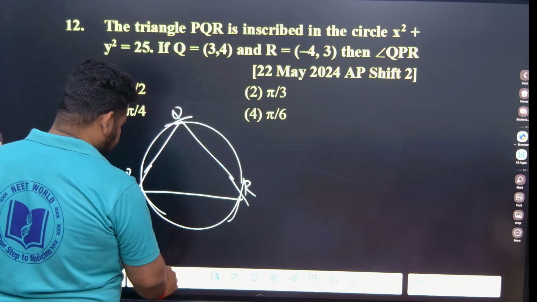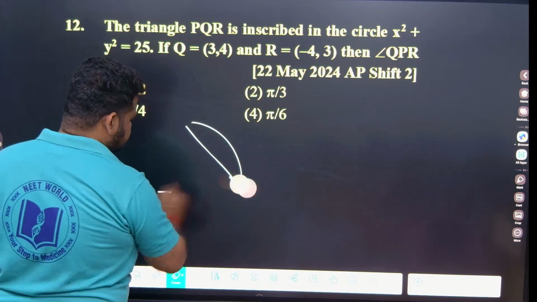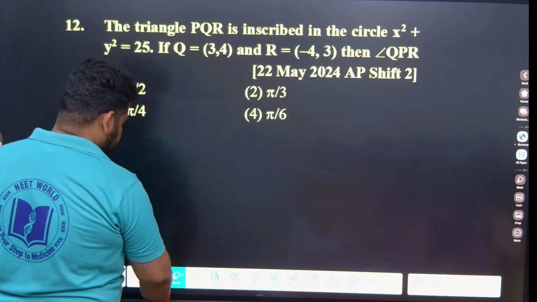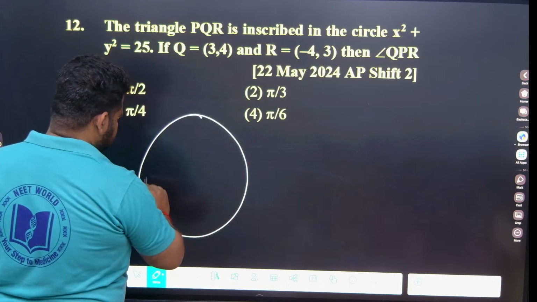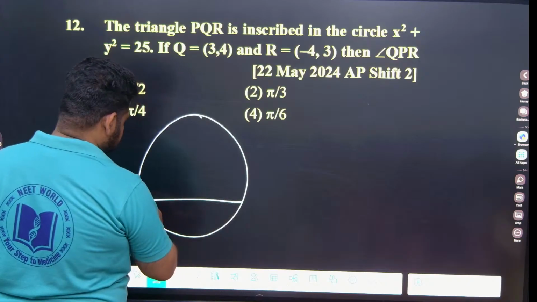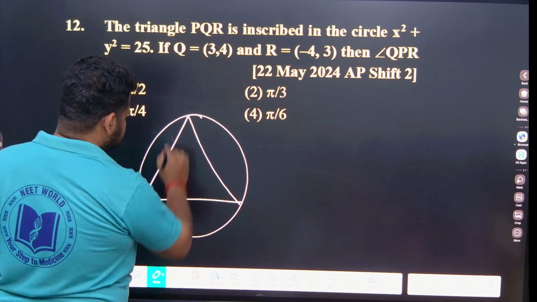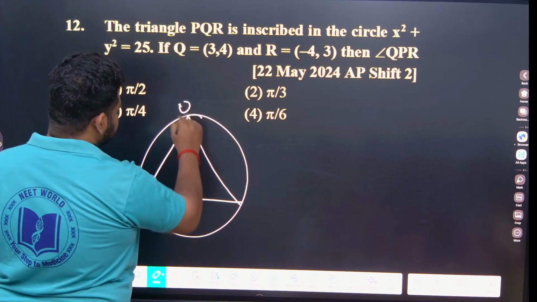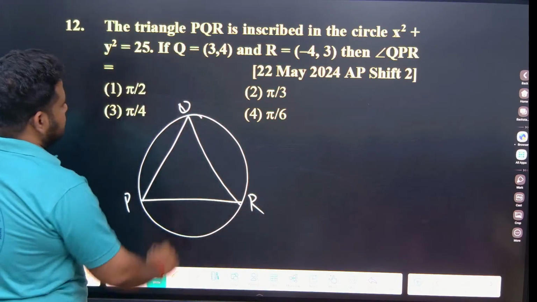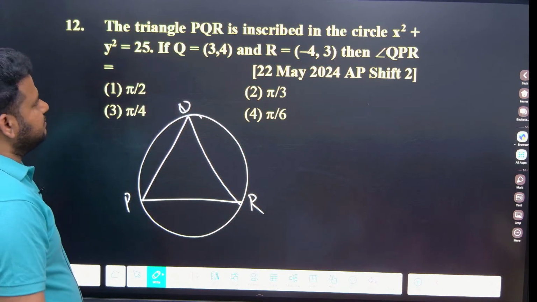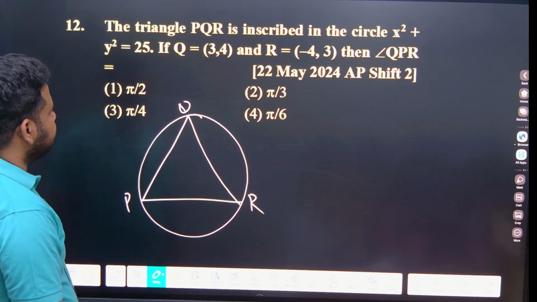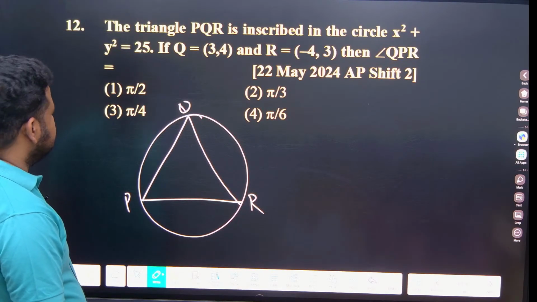Okay, rough diagram, we take it like this. The triangle PQR is inscribed in the circle x square plus y square is equal to 25. Q is equal to 3 comma 4.